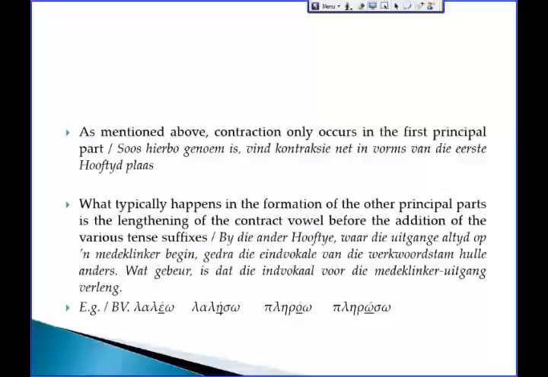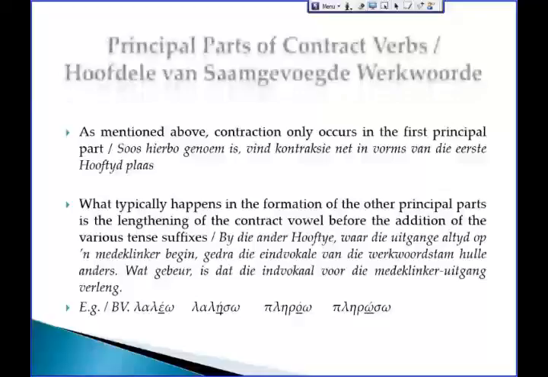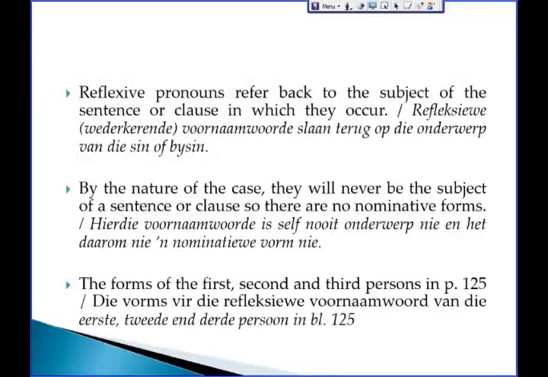Okay? Now let's look at the reflexive pronoun. When something is reflexive, what do we mean by that? Reflexive pronouns refer back to the subject. If I say I, myself, what is that? I is going back to you. No, but that's not reflexive.